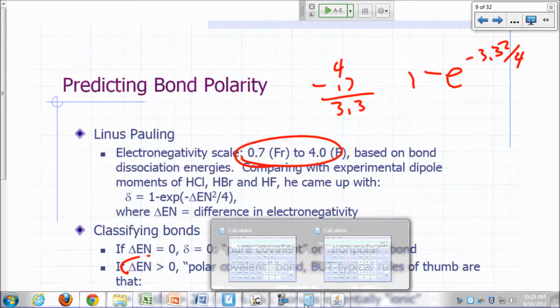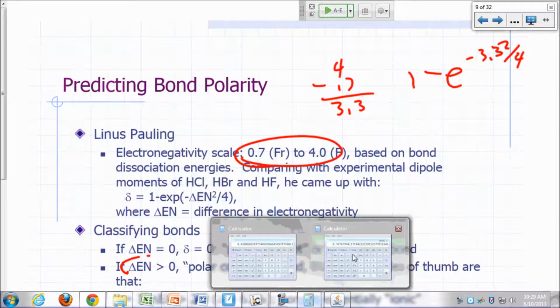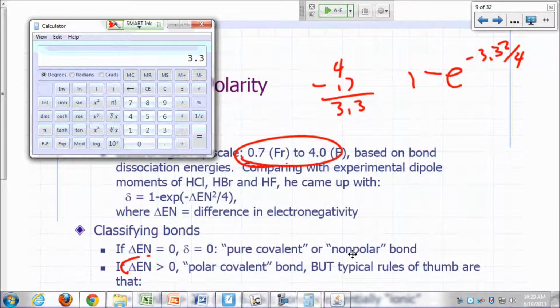Let's put that in your calculator. So 3.3 squared, so 3.3 times 3.3 divided by 4. Make that negative. Let's do it again. 3.3 times 3.3 divided by 4.